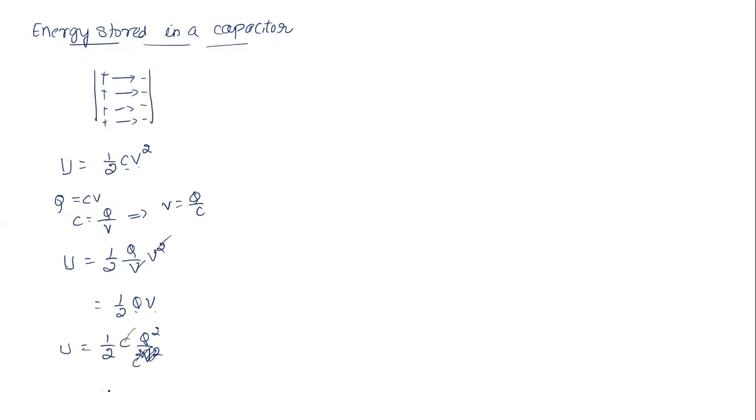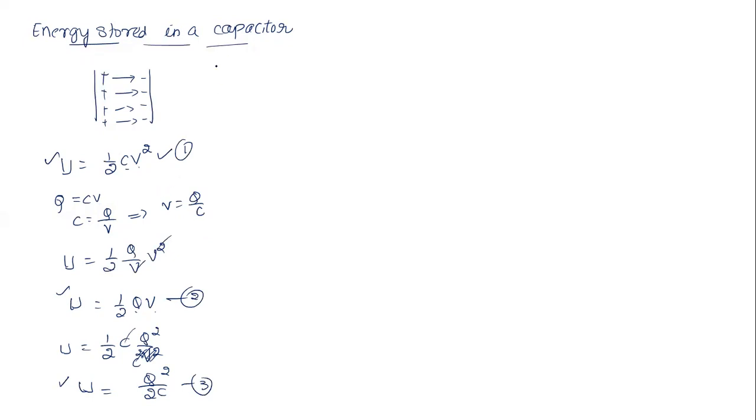One C is going to cancel. It has become Q square by 2C. So these are the three formulas we use for energy stored in the capacitor, depending upon what the question gives us.